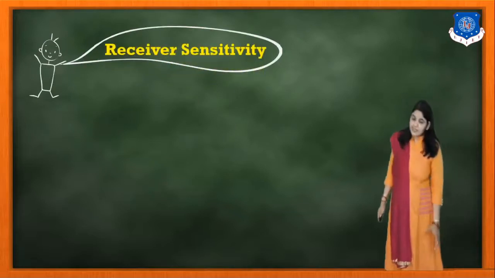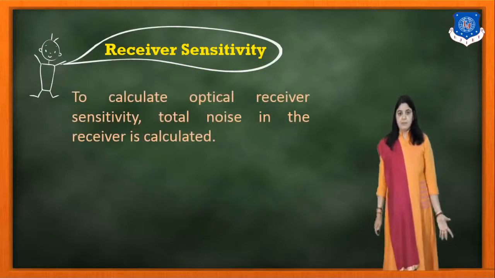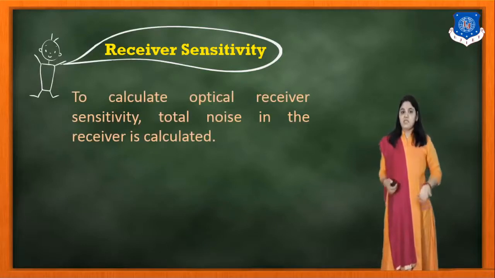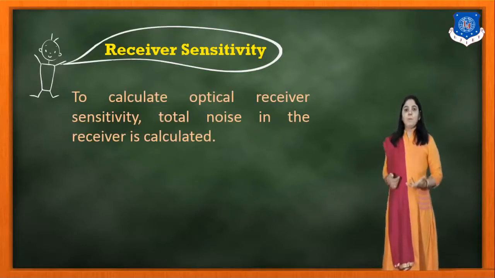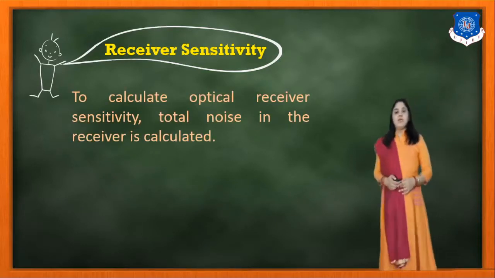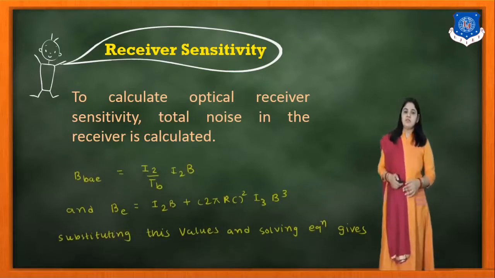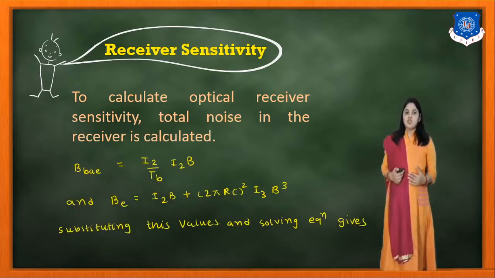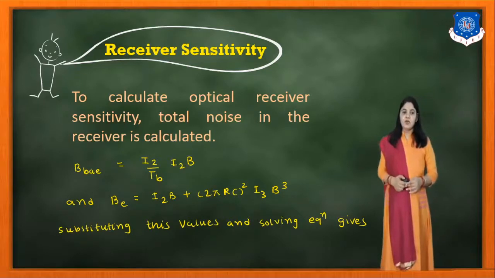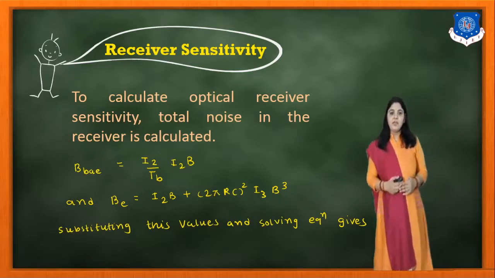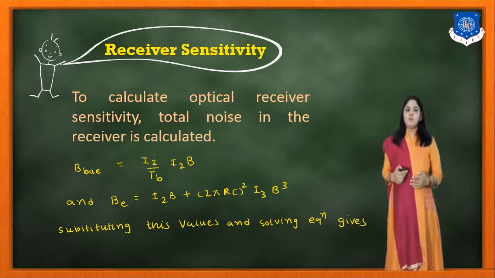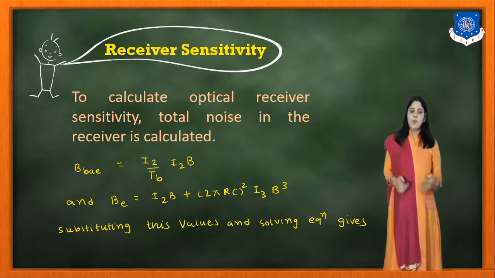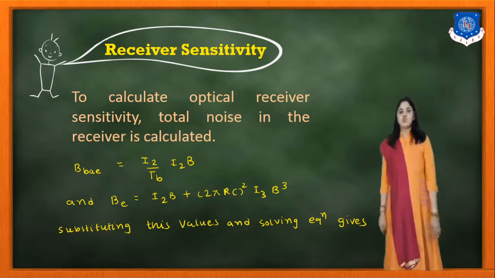The next topic is the receiver sensitivity. To calculate the optical receiver sensitivity, the total noise in the receiver is calculated. So B_NE is equal to I_2 upon T_B times I_2 times B, where B_E is I_2 B plus 2πRC² I_3 times B³.